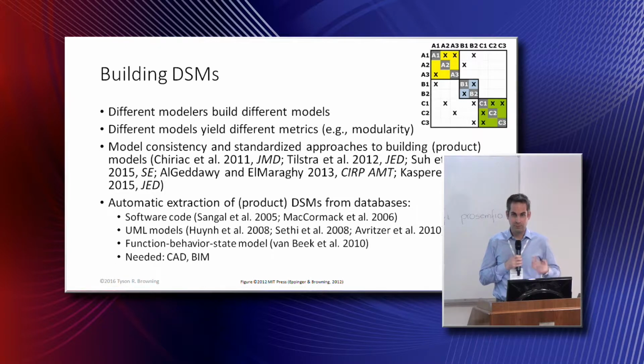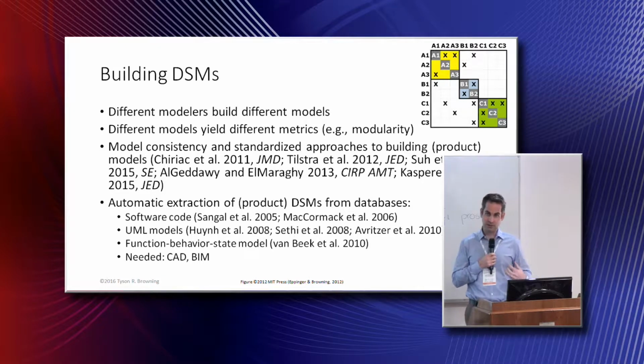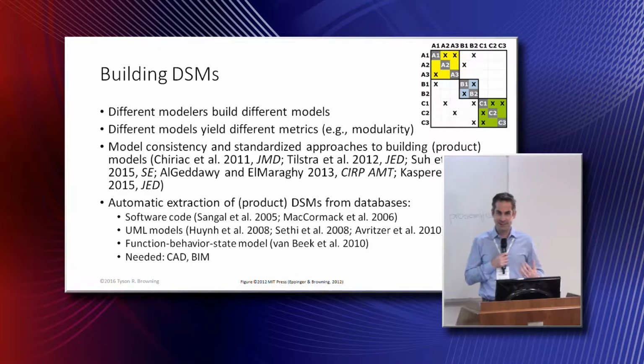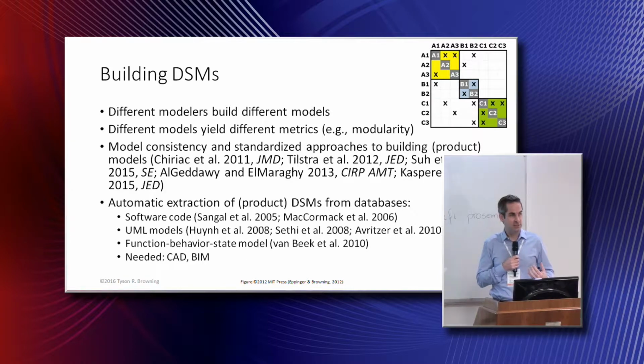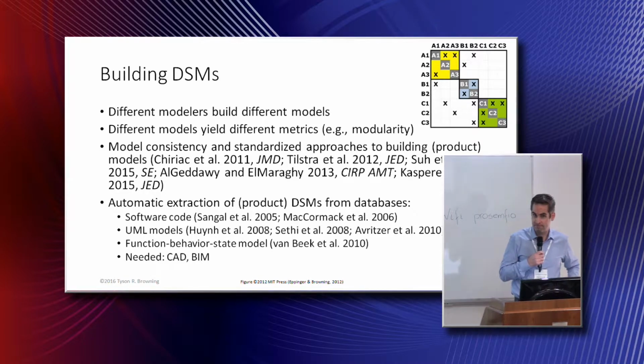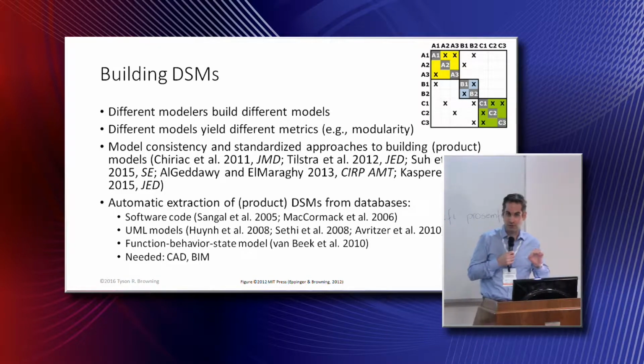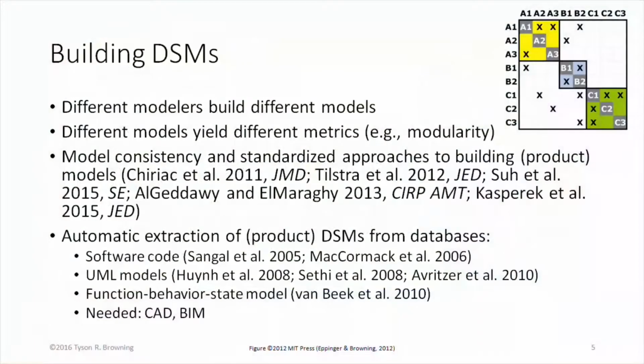And yet, when you build a product DSM like that, how do you know that you've got the right set of components and relationships? And if I asked each of you to build a model of the same product, all those DSMs may not look the same. You might make different choices about decomposing systems into subsystems, into smaller components.